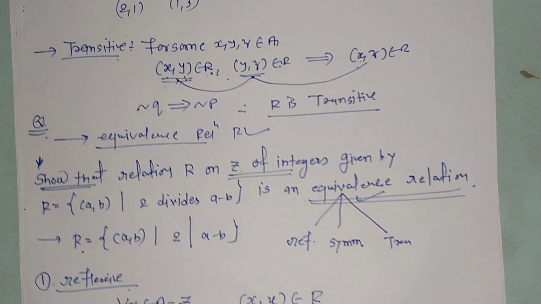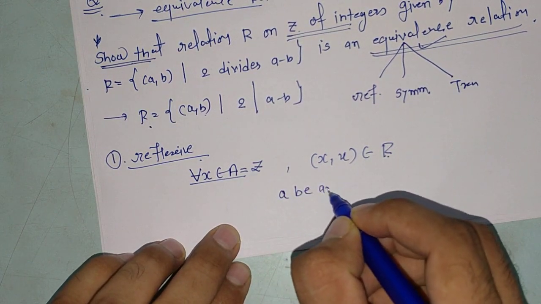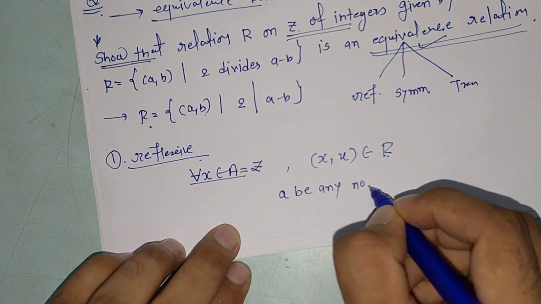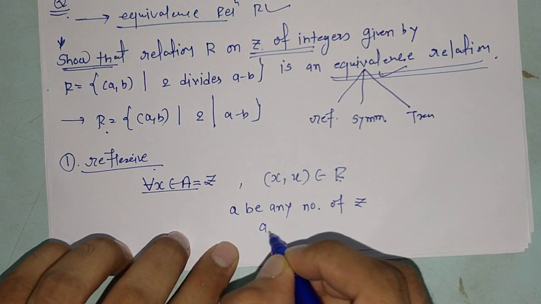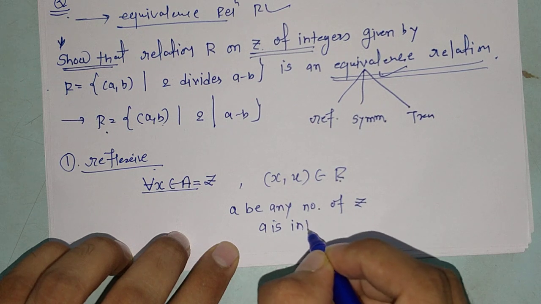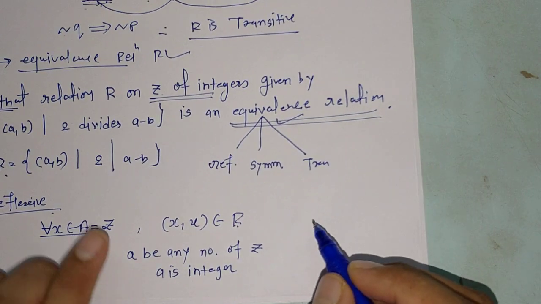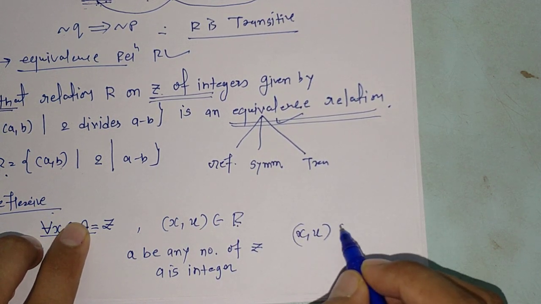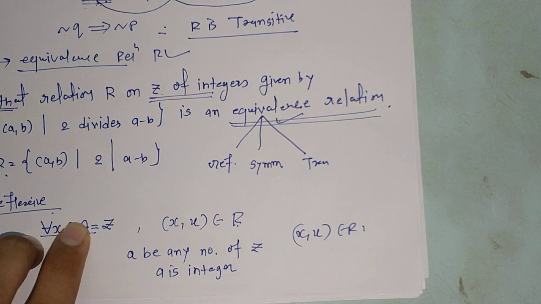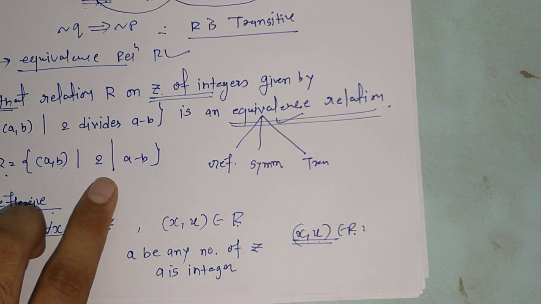Okay, so let's take a be any number of Z, it means a is an integer. Now if we apply the definition, we have to prove that (x, x) belongs to R.